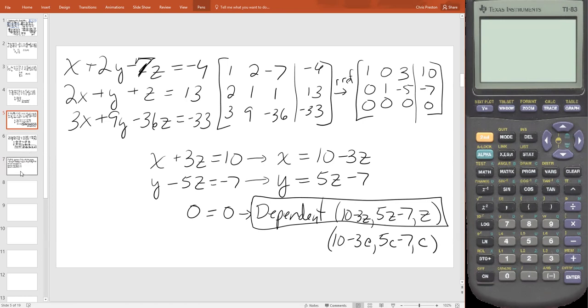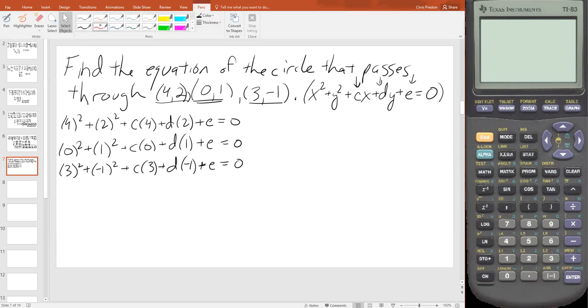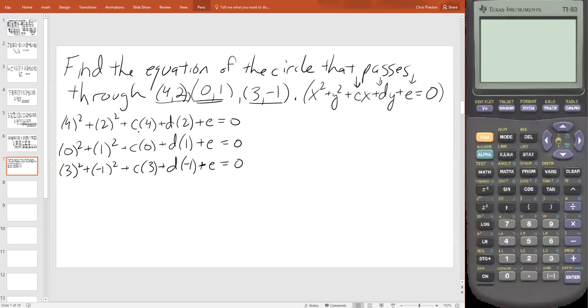So when we clean this up, we want the letters on the left-hand side and just the numbers on the other side. I'm going to do some moving around while we clean this up, and hopefully nobody gets too lost. Okay, so I'm going to do 4c plus 2d plus e equals.